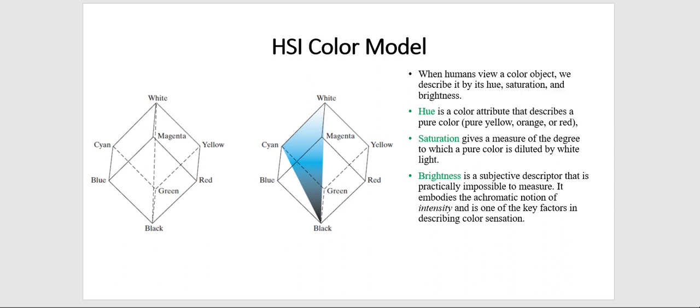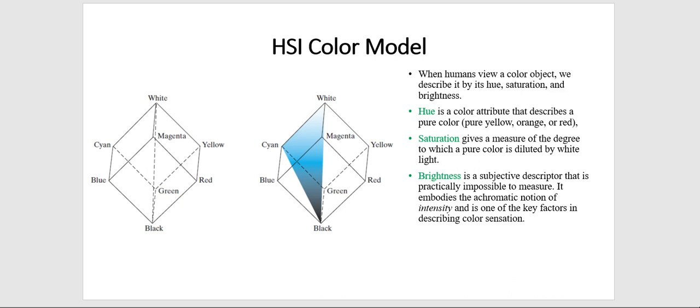So looking at this particular cube, you can see that one axis of this particular HSI contains white to black. Which means that we have this range of intensity values from a darker shade to a lighter shade, and the other corner of that representation can be at any corner of that cube.